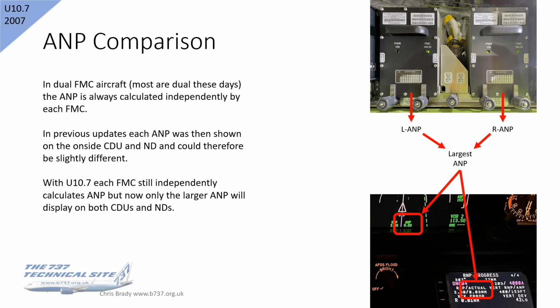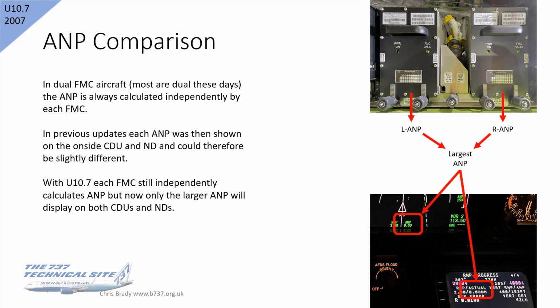An RNP comparison was added. So in dual FMC aircraft, which should be most of them these days, the RNP was always calculated independently by each FMC. Well, I say it is actually still always calculated independently by each FMC. In previous updates, each RNP was shown on its own side's CDU and ND, and they could therefore be slightly different.